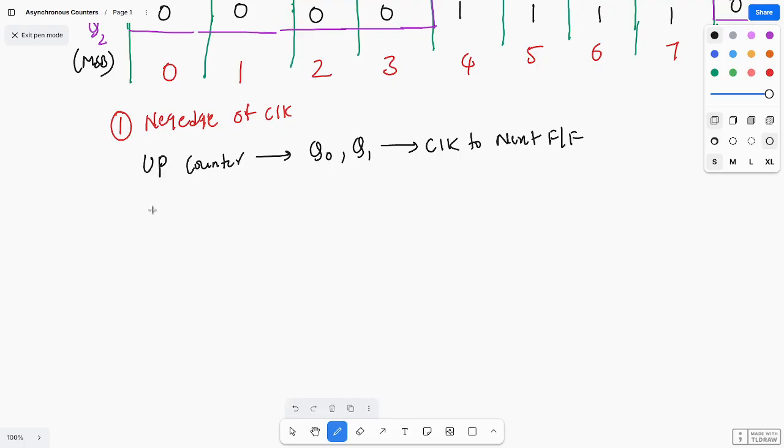If it is a down counter, what do I need to do? I need to connect the complement, that is Q naught bar and Q1 bar, as a clock to the next flip-flop.